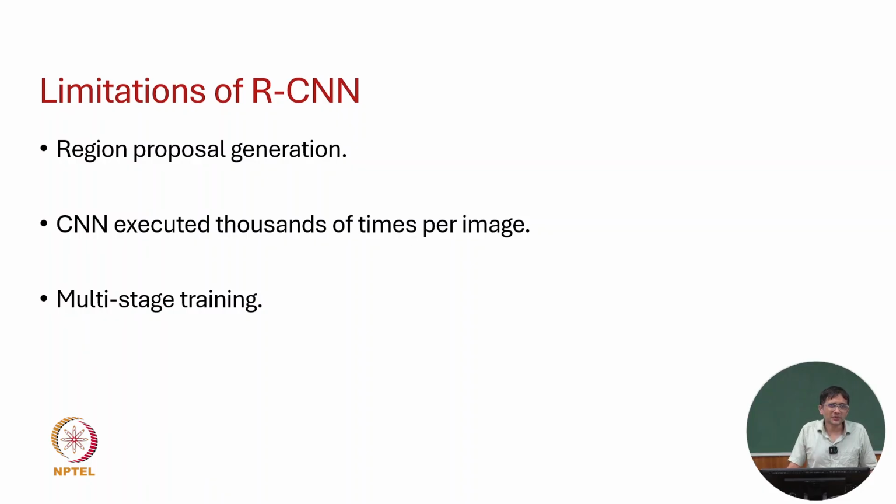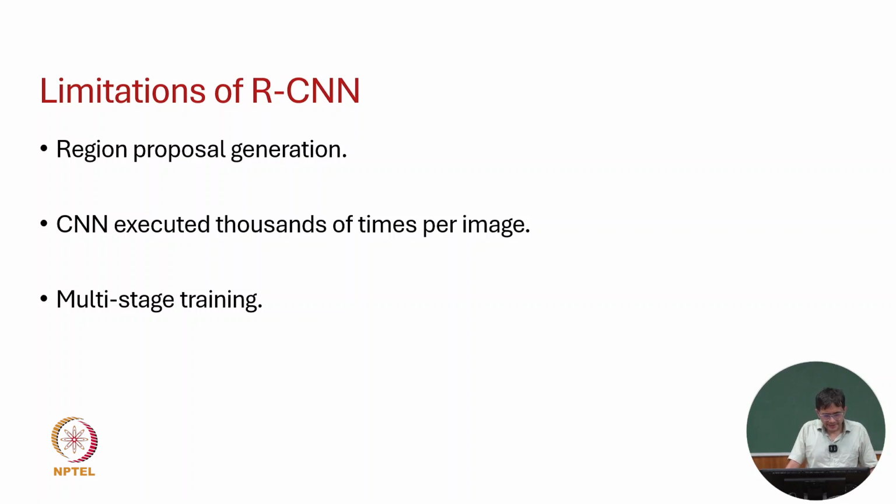On top of this, of course, what we are seeing is multi-stage training, right? We have the region proposal generation to start with, then we have the CNN, then we have SVMs, and all those training processes go separately.